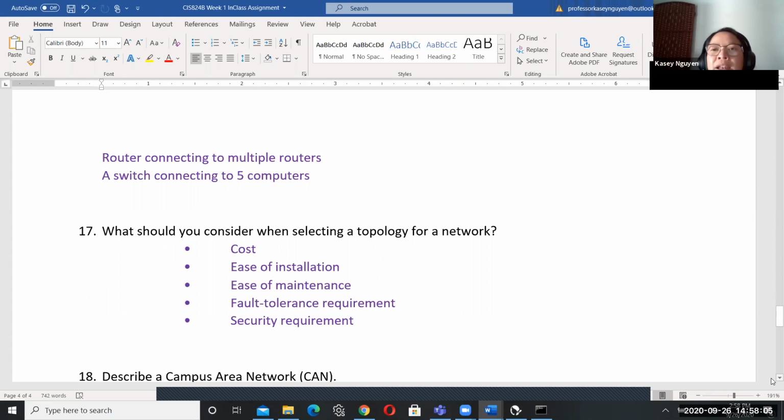So you have to weigh a lot of different things. Think about how easy it is to maintain. Is it as simple as replacing that cable? Because if that cable goes bad, do you want to crawl into the ceiling to pull it? When you install it, you think about how the maintenance would be after that.